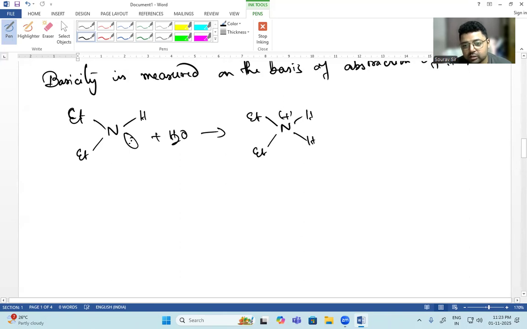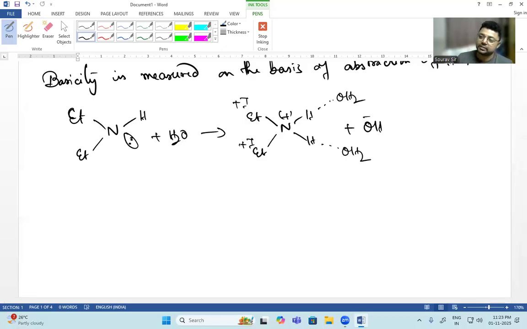This lone pair is taking this hydrogen and leaving the OH minus out. So now this hydrogen will form a hydrogen bond with the OH2 molecule. Two hydrogen bonds are formed by the same NH part and 2 plus I effects. That is the ability of this 2-degree amine to show higher basic nature.